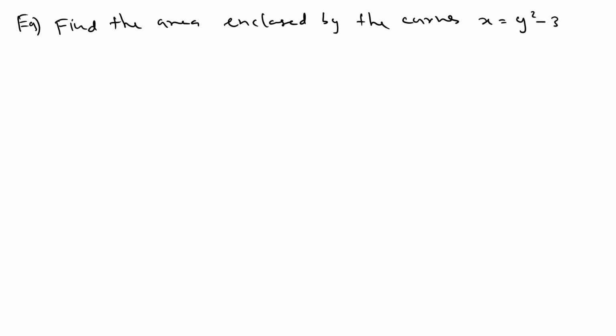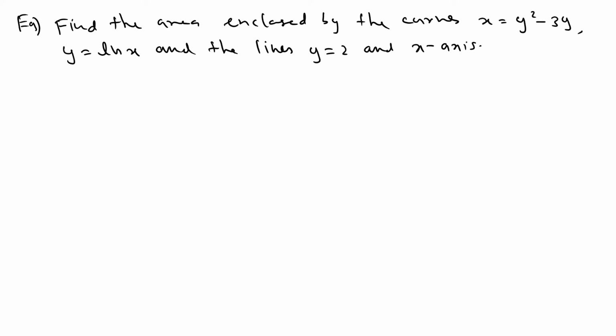Let's say: find the area enclosed by the curves x equals y squared minus 3y, y equals ln x, and the lines y equals 2 and the x-axis. Okay, so that's the problem.